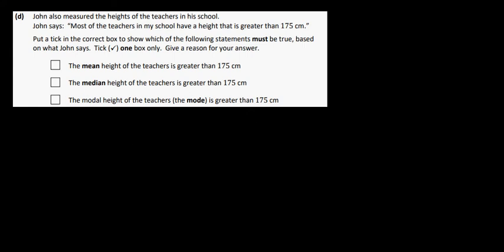So the answer here is going to be median. The median height of teachers is greater than 175.